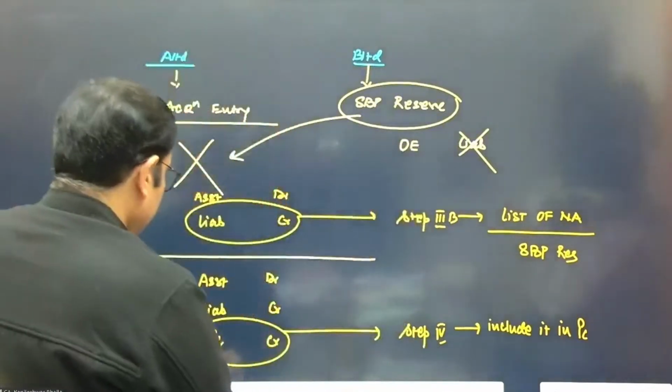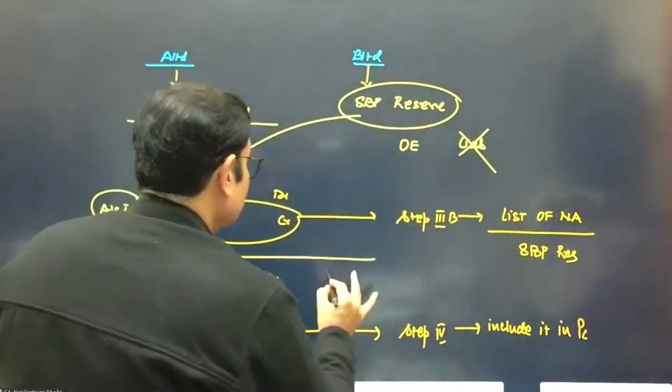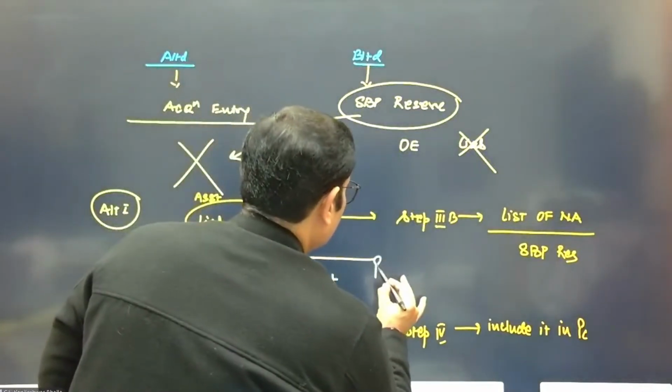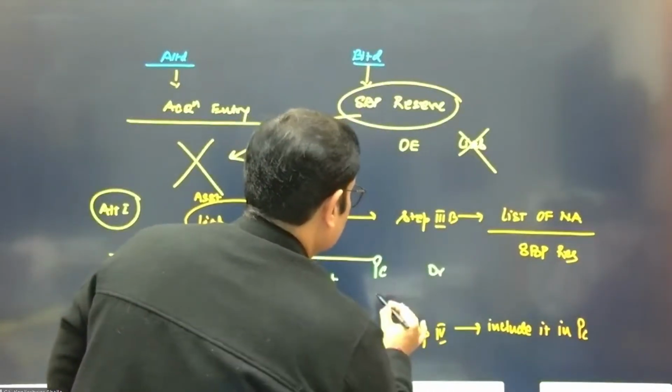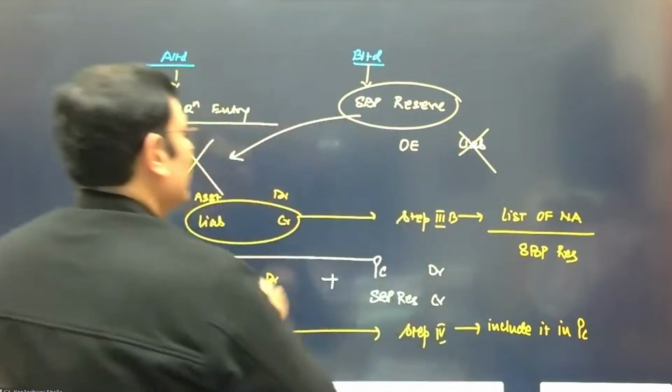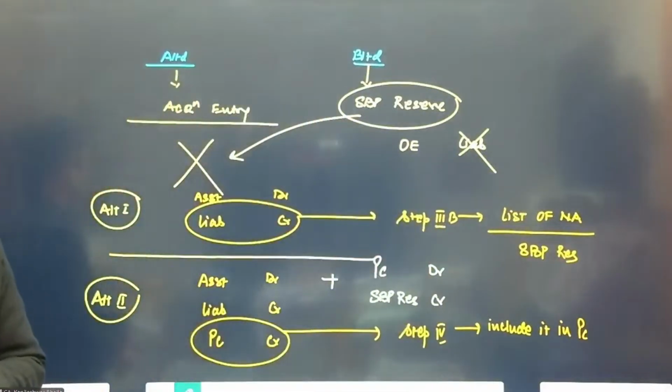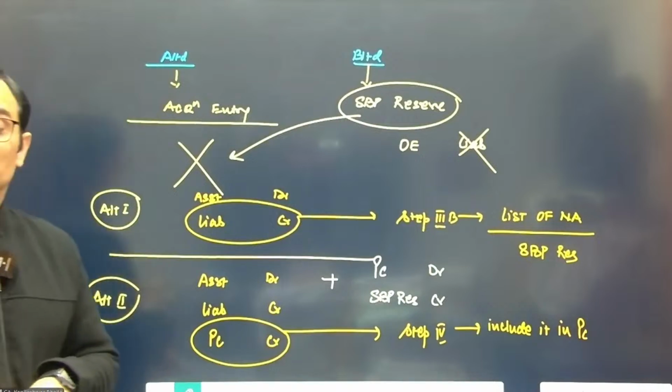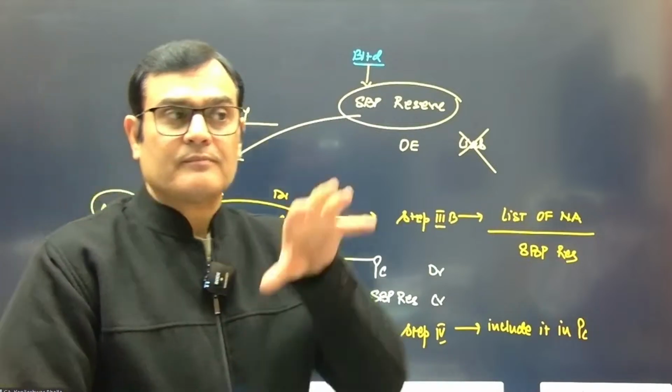But if you do this, then I am required to pass another entry as well. I can put the entry PC debit, SBP reserve credit, and this can be done as another entry later. Did you get the crux of the two alternatives?